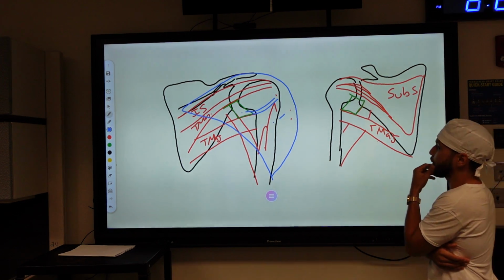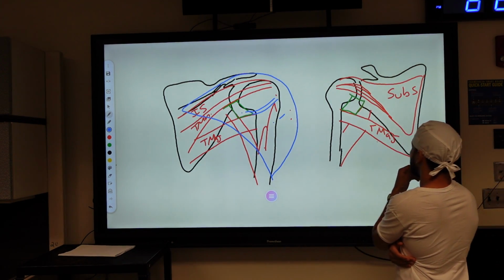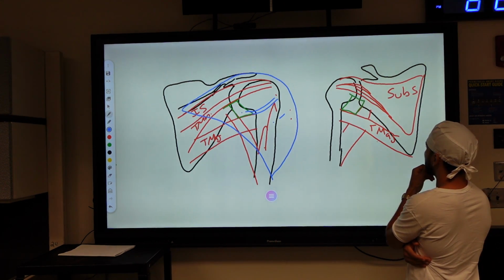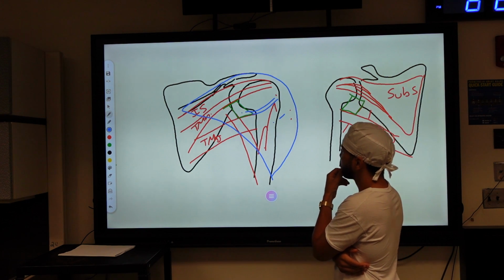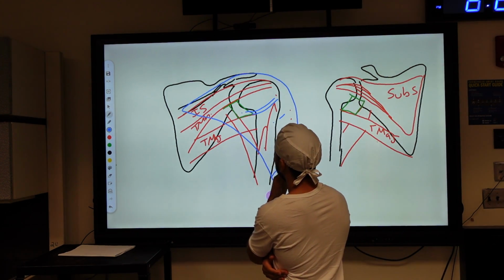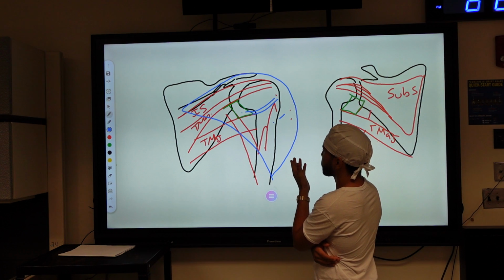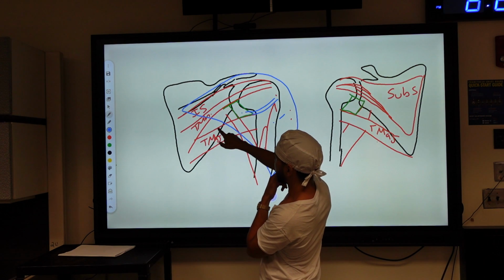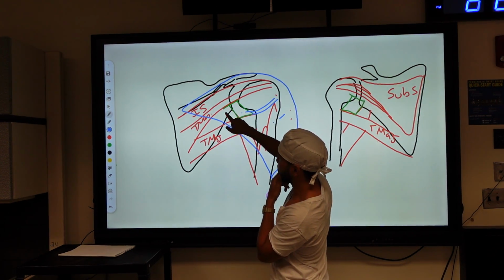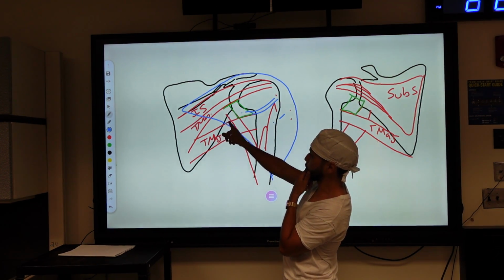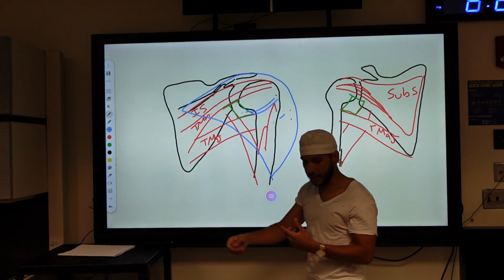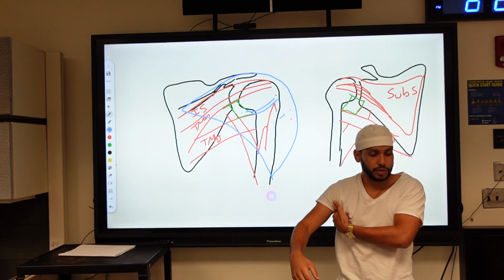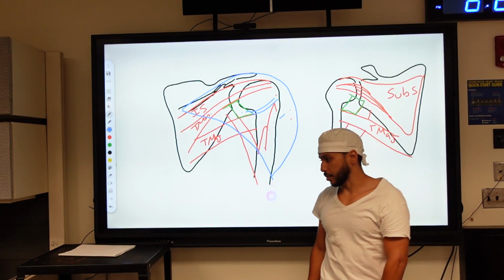Okay, and then the other one that was talked about with you guys was the triangular space. Correct? Okay. Let me see if I can throw that in. So the triangular space, looking at it from the posterior side, would essentially be this right here. Teres minor, teres major, and the long head of triceps. Okay? So there's going to be that little space right there that's created. Again, this is just a portal for structures to go from the axilla to the posterior side of the shoulder, or the posterior side of the whole scapular region.